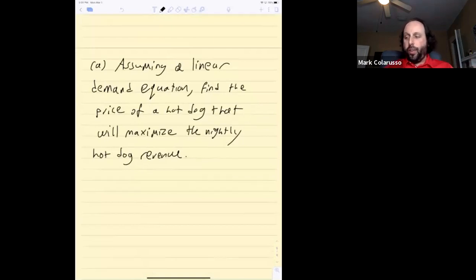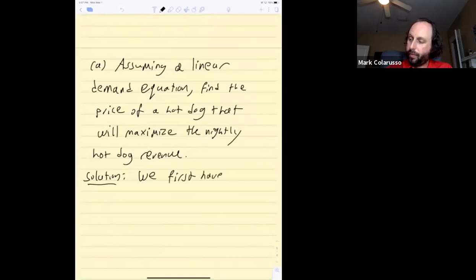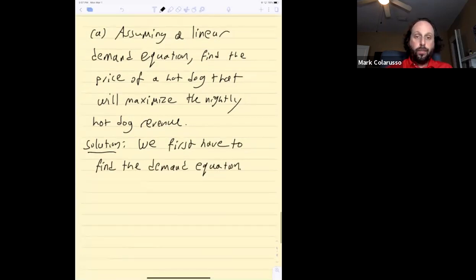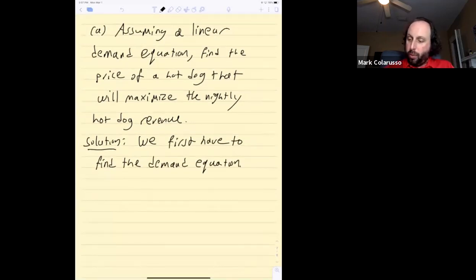Okay, so like I said, the first thing we have to do is find the demand equation. Remember, we're assuming that the demand equation is a line.